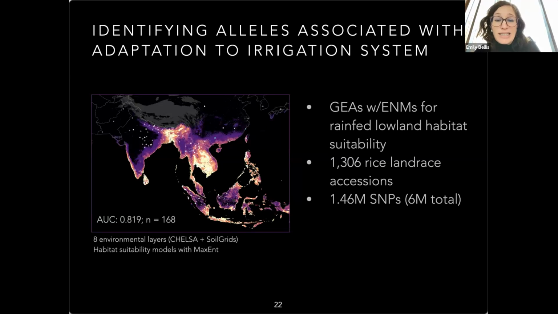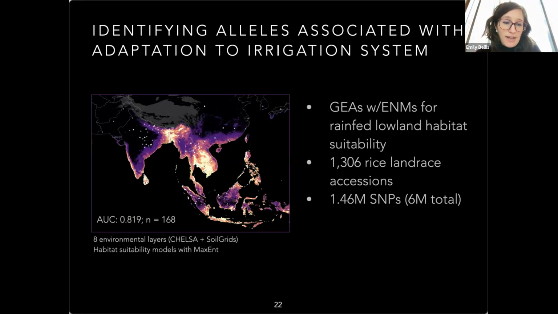The way that we did this was by treating landrace presence in a rain-fed lowland environment as a presence, and then we consider environments that are enriched for high habitat suitability for rain-fed lowland environments. And that's what you're looking at in this map here. This is a map of habitat suitability for rain-fed lowland growing systems.